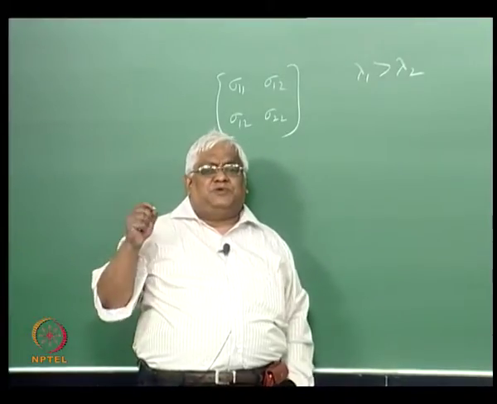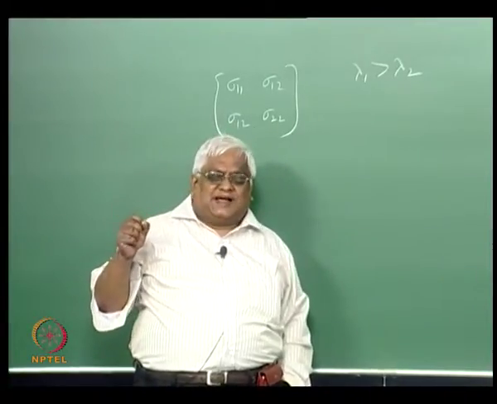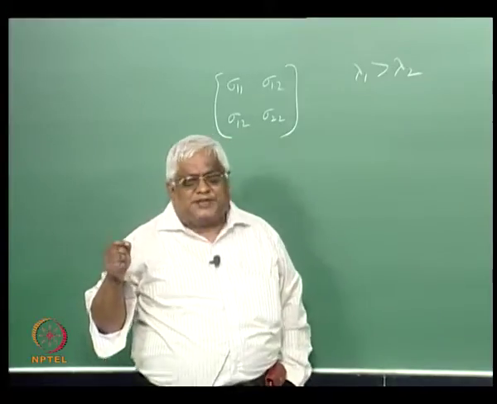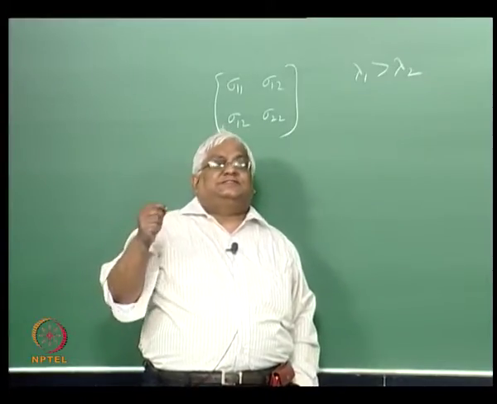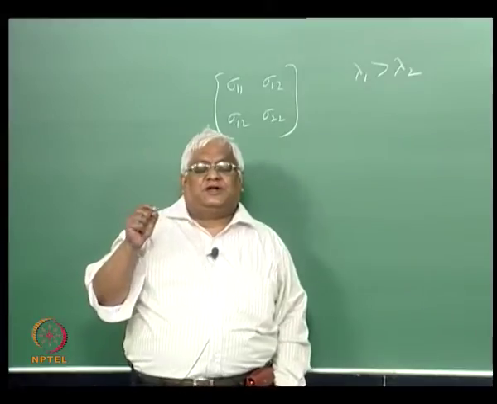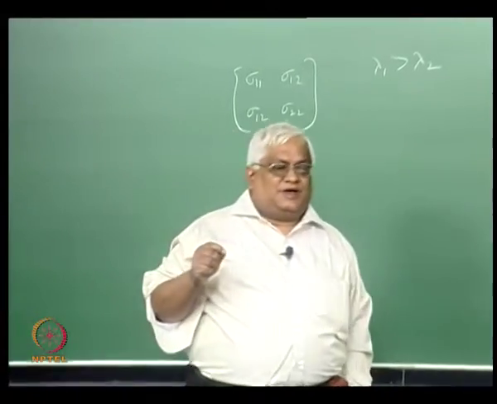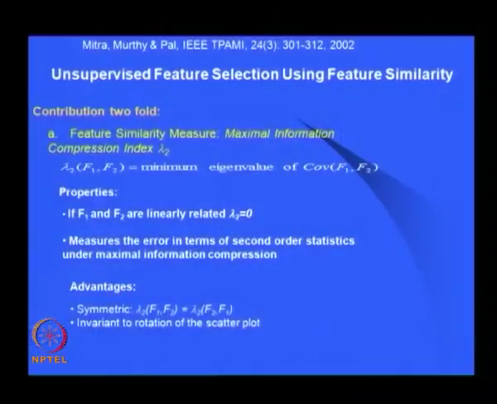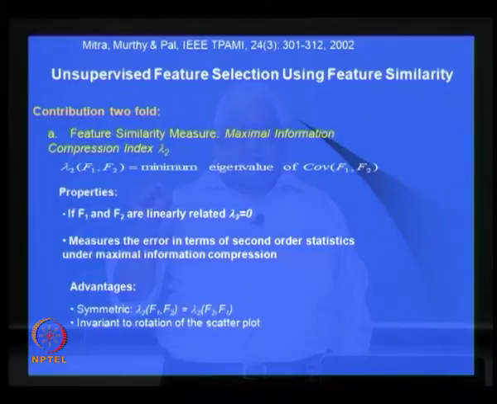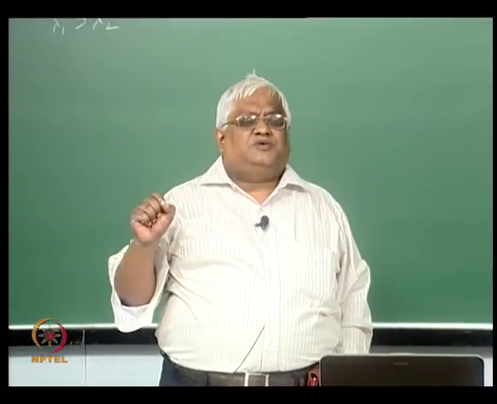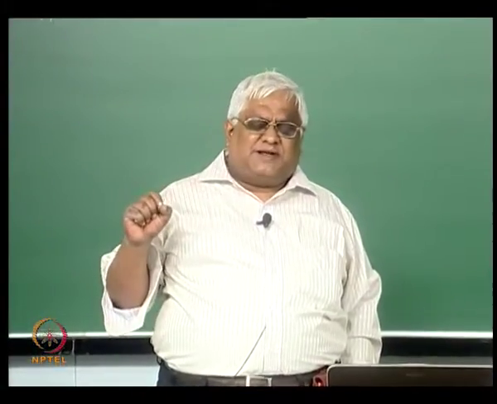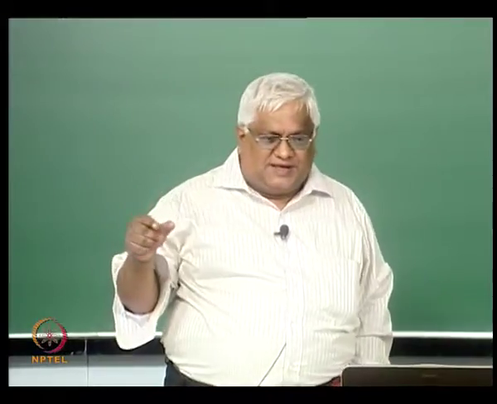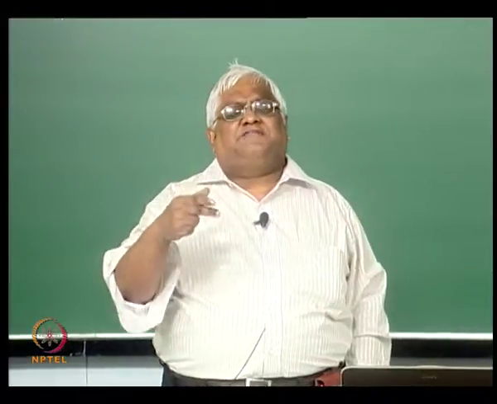So, somehow you can take the second eigenvalue to represent the distance between two variables, which is what has been done here. Once you take the second eigenvalue, you can take it in absolute terms or you can write lambda 2 by lambda 1 plus lambda 2; you can have many ways of doing this.